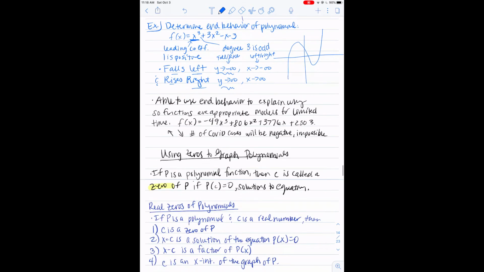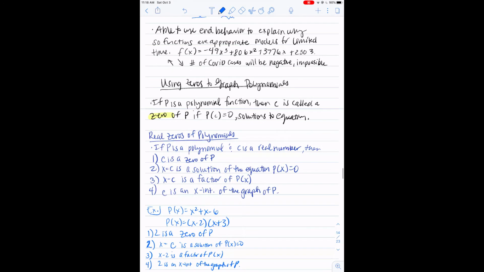All right. We're able to use end behavior to explain why some functions are appropriate models for only a limited amount of time.